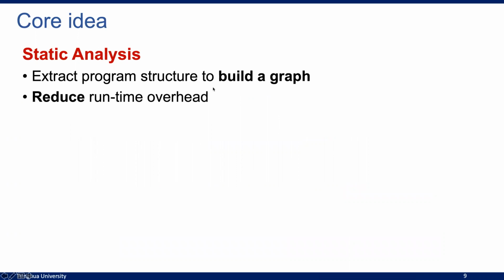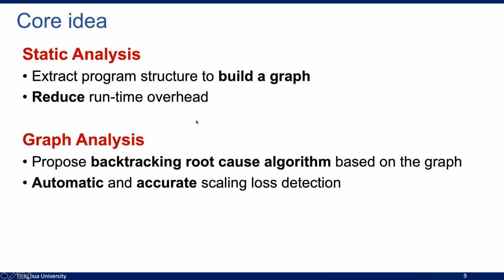Besides, static analysis can reduce runtime overhead. The second one is that we leverage graph analysis to detect scaling loss. We propose a backtracking root cause algorithm based on the graph. This makes ScalAna an automatic and accurate tool.